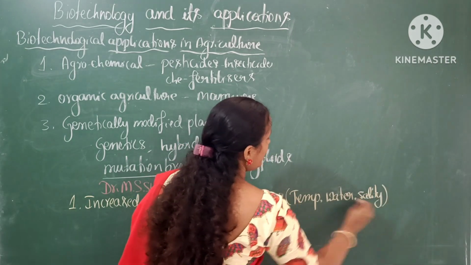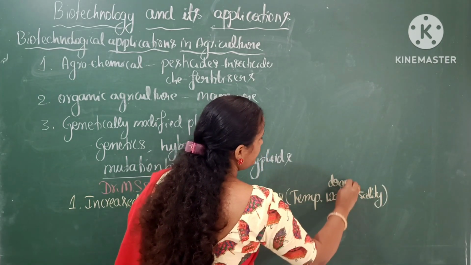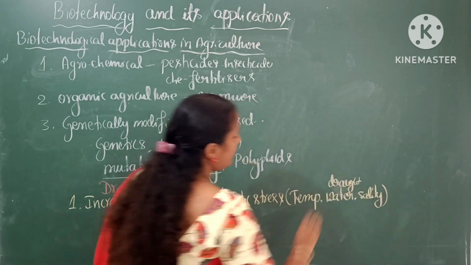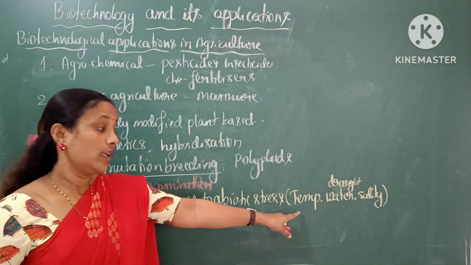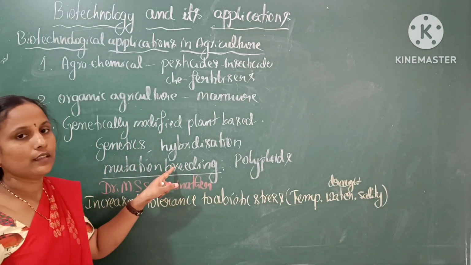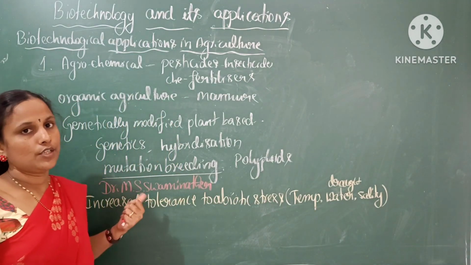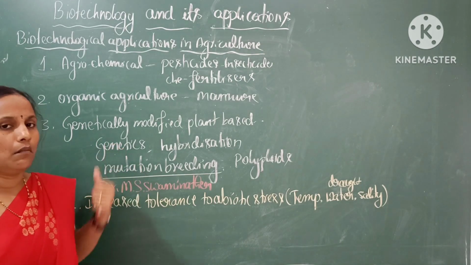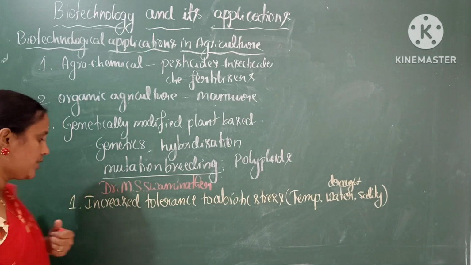Less availability of water means drought. So we can induce resistance towards these abiotic stresses by following the method of mutation breeding or recombinant DNA technology.